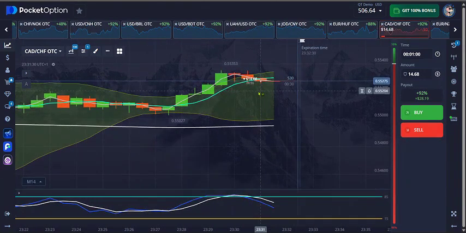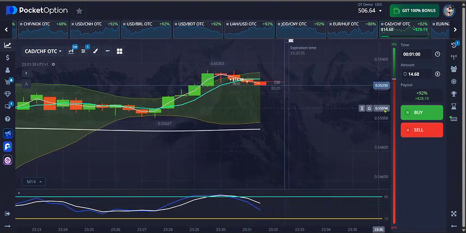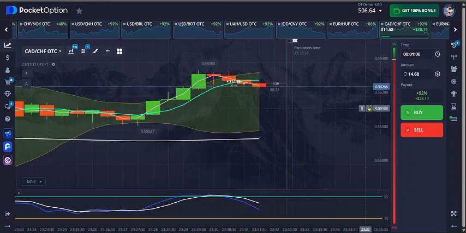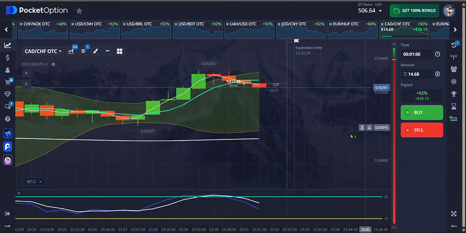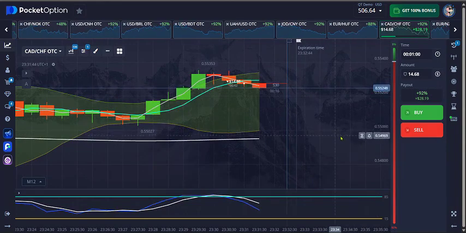Although if you look, it has not yet successfully, okay, it has crossed. So I believe this should be a winning trade, but let's see. Let's watch and see if the momentum will go in that direction.